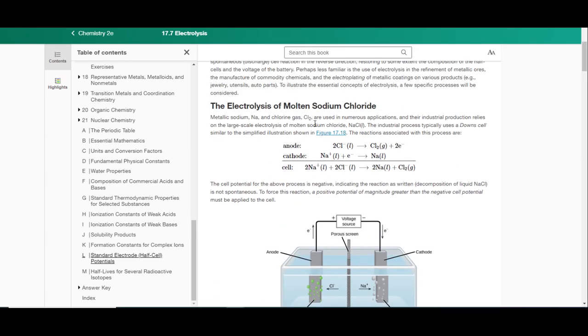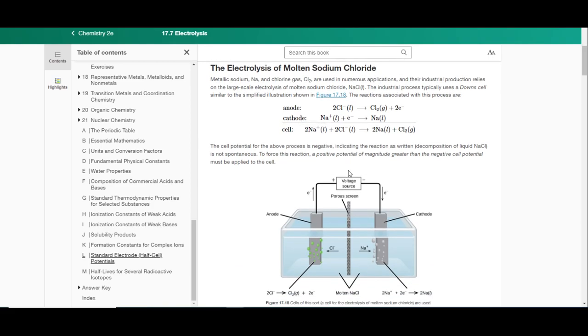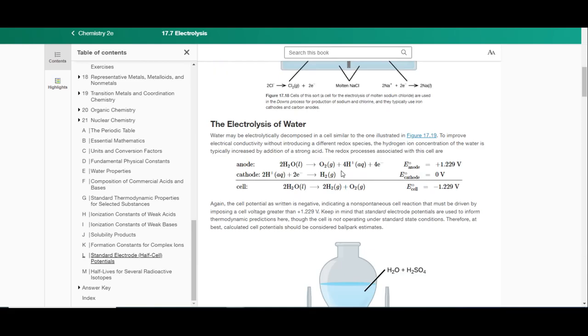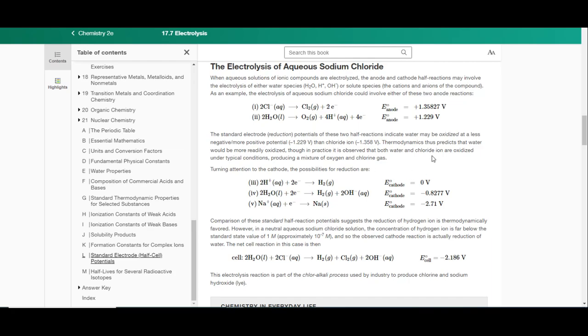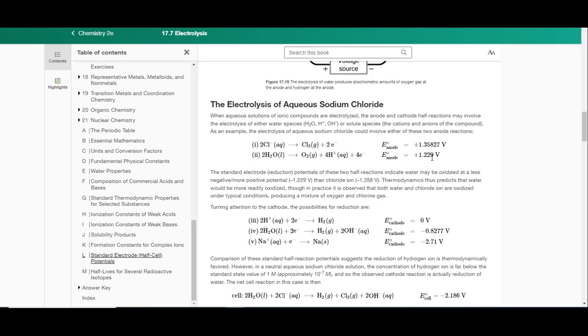This is how you get the metal formation and gas. So you have to use molten if your reduction potentials are more negative in the case of cathode. So you see here, this is a greater negative value. This is less favored than this value for H2O. And you see here, this is a more positive value. This is less favored than this. So the smallest value is more favored.